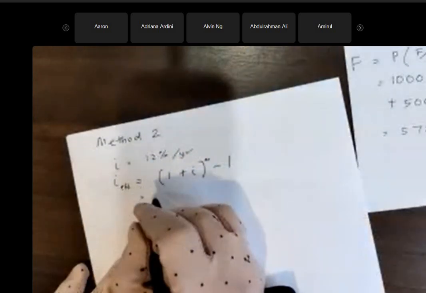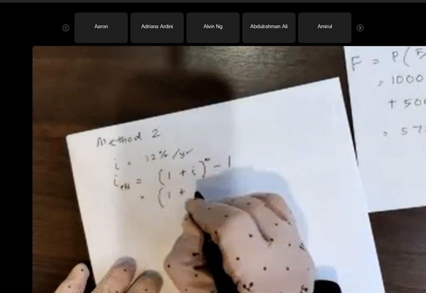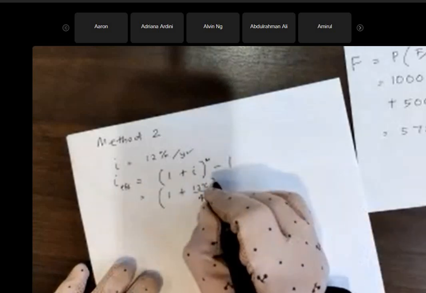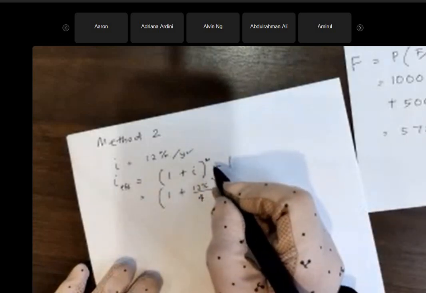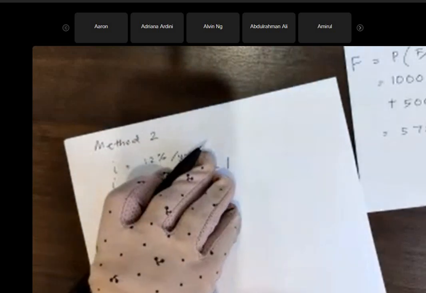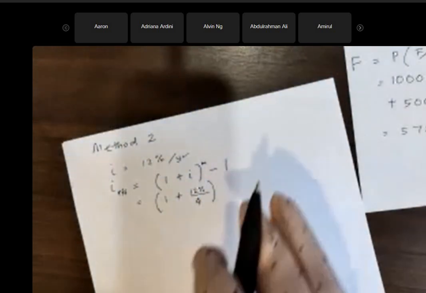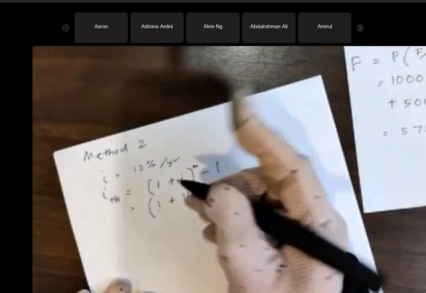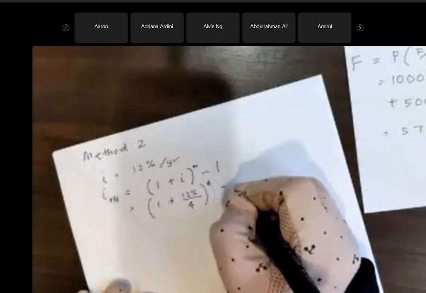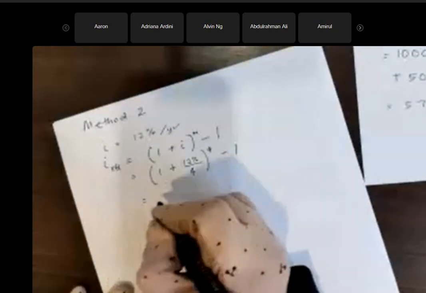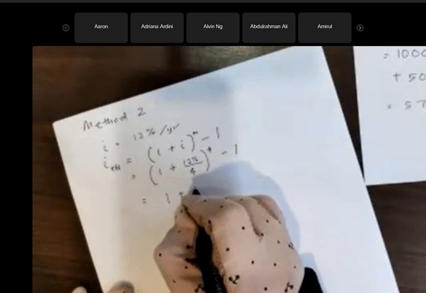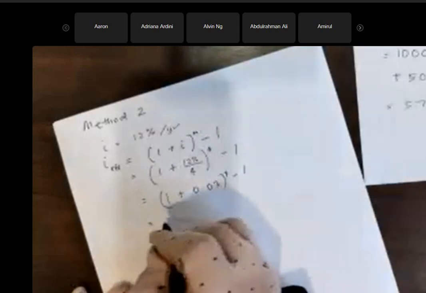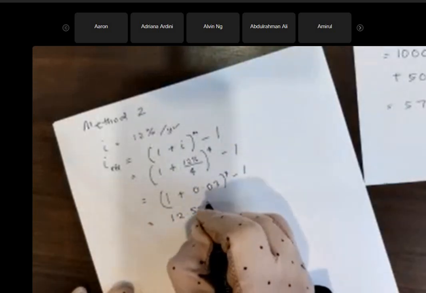So you will have 1 plus 12% nominal divided by 4 times in a year, power of M, where M here is 4, minus 1. So you get 1 plus 0.03 power of 4 minus 1. You get 12.55%.